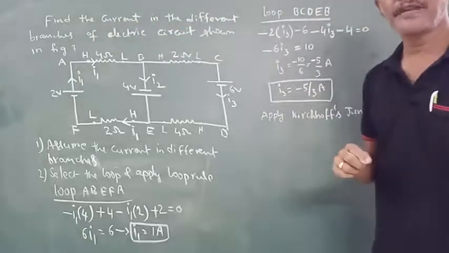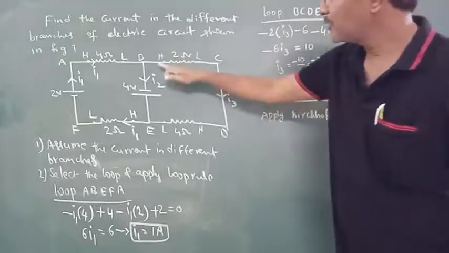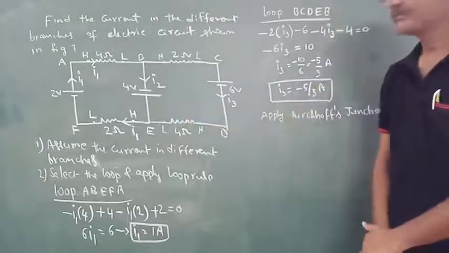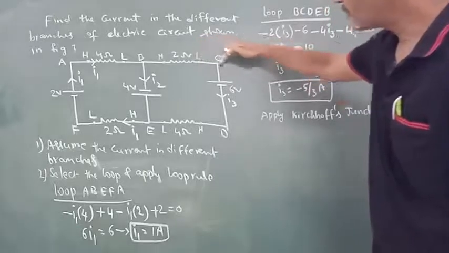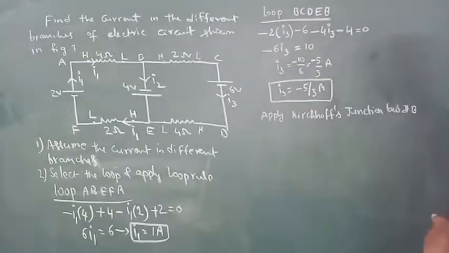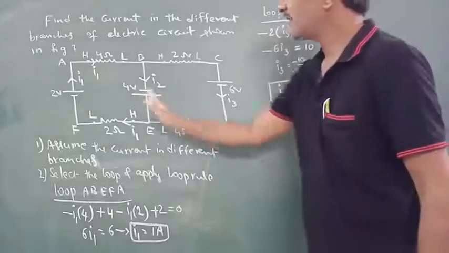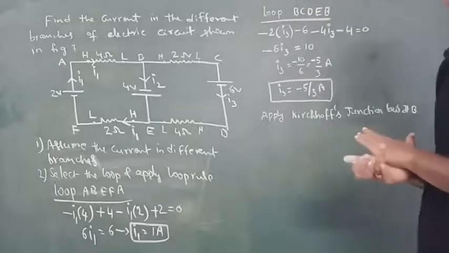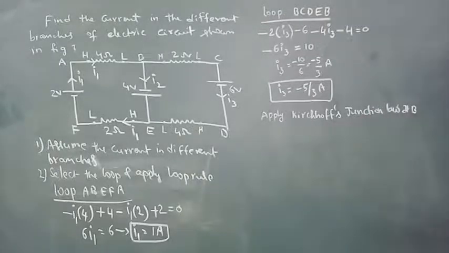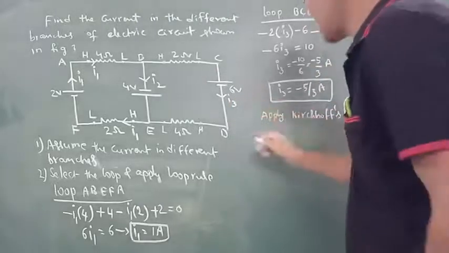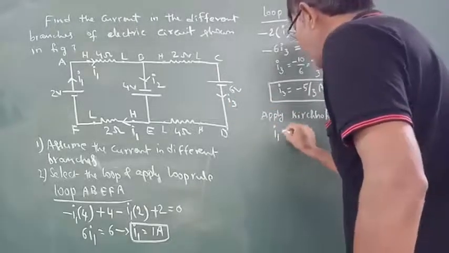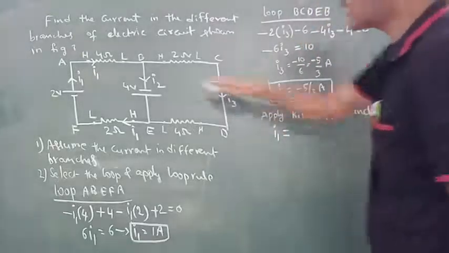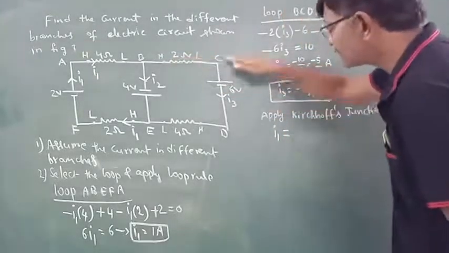Now at B, incoming current is I1. I1 is flowing towards B and I2 is flowing away from B. I3 is also flowing away from B according to our assumption. So total incoming current towards B is equal to total outgoing current away from B. Therefore, total incoming current I1 is equal to total outgoing current I2 plus I3.